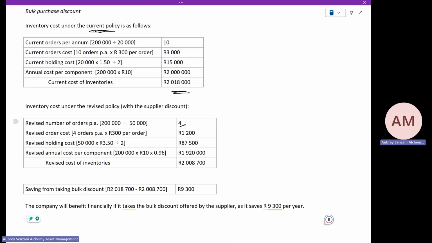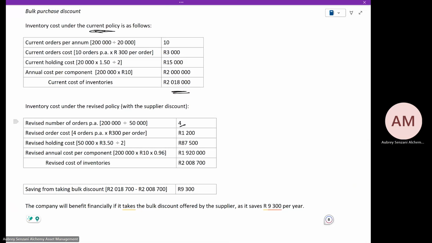And that changes the cost of our orders. So we're going to say 4 times 300 per order, which gives 1.2. There you can see that's gone down quite significantly. But with our holding, can you see something interesting? I don't know why they've done this.